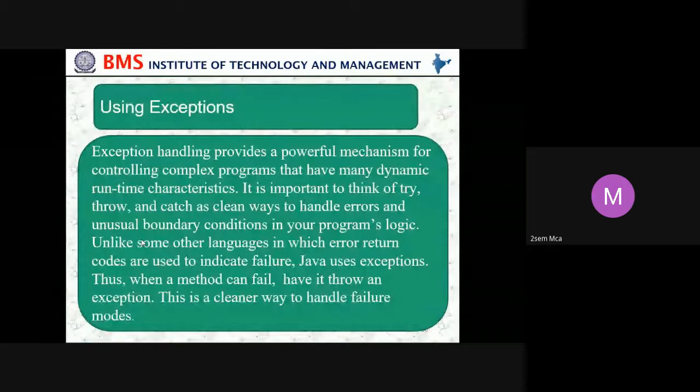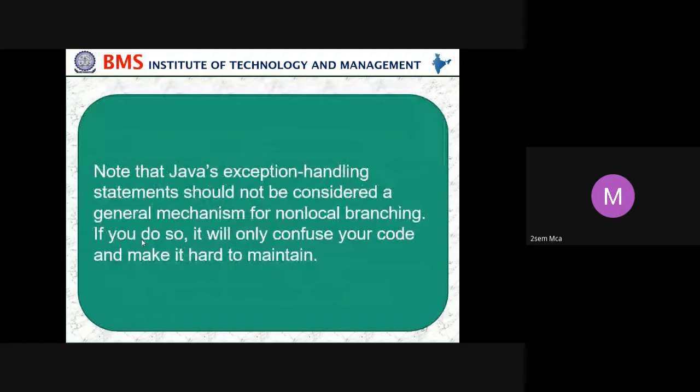Java uses exceptions. Thus, when a method can fail, have it throw an exception. This is a clear way to handle failure in methods. Note that Java's exception handling statements should not be considered a general mechanism for non-local branching. If you do so, it will only confuse your code and make it hard to maintain.